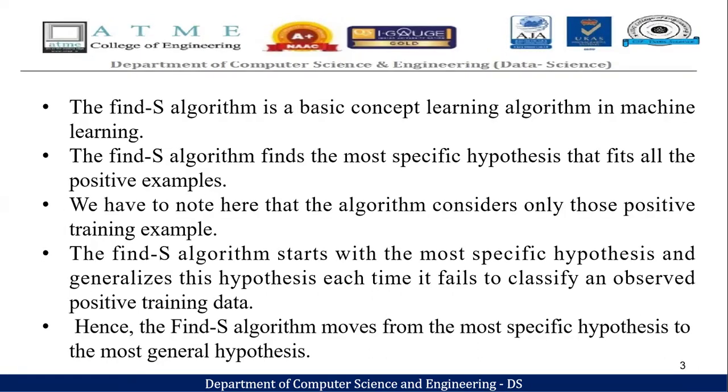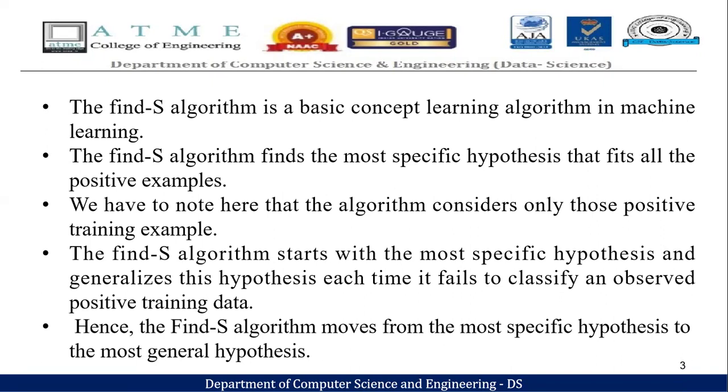Before getting into the algorithm or the code, first understand the basics of the Find-S algorithm. Basically, Find-S is a basic concept learning algorithm in machine learning. We can say it is one of the basics of machine learning, where it helps to learn from the data.